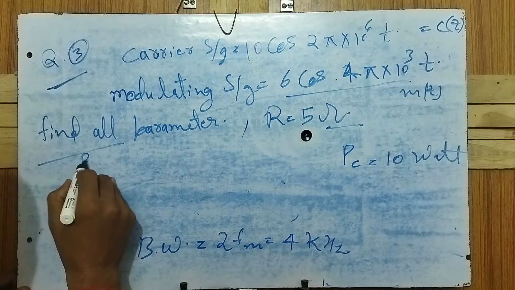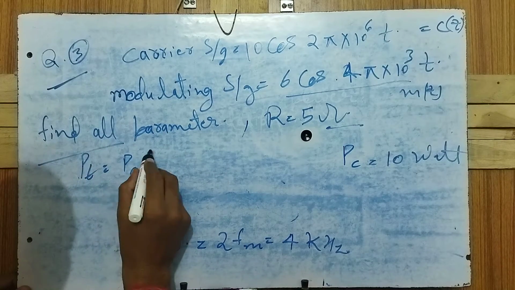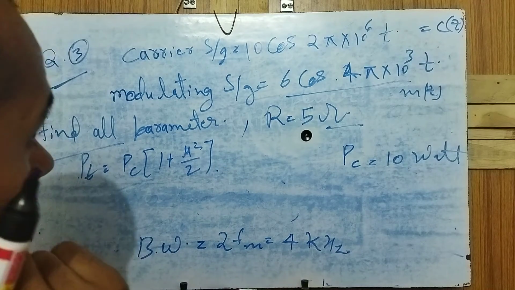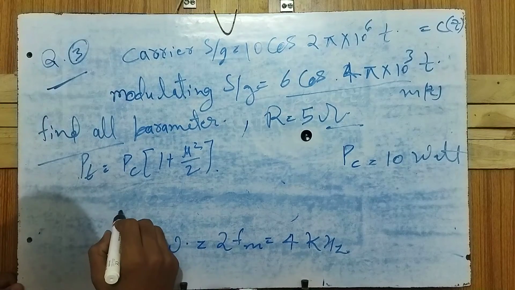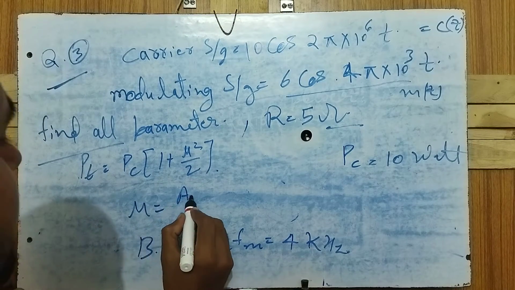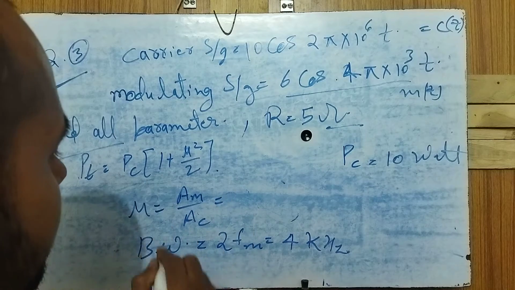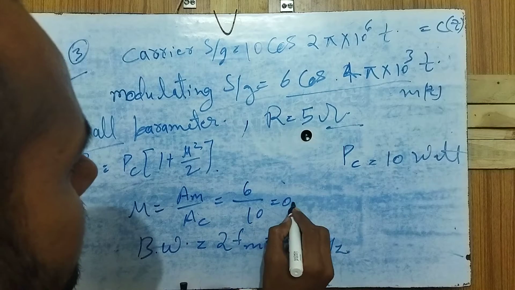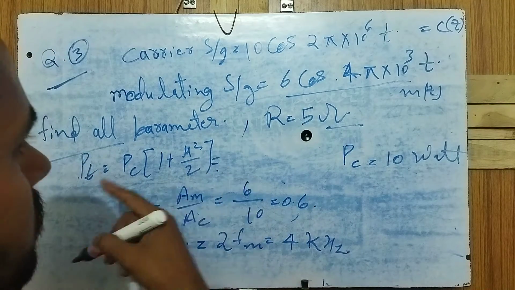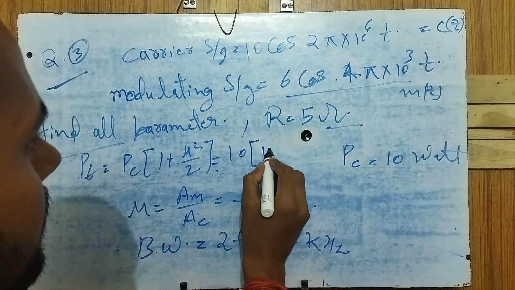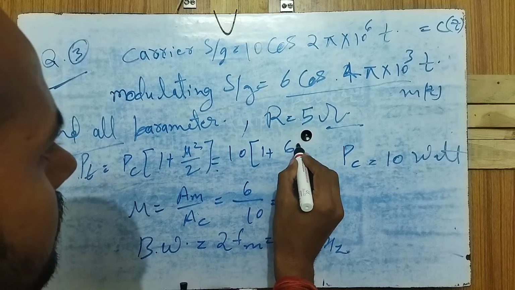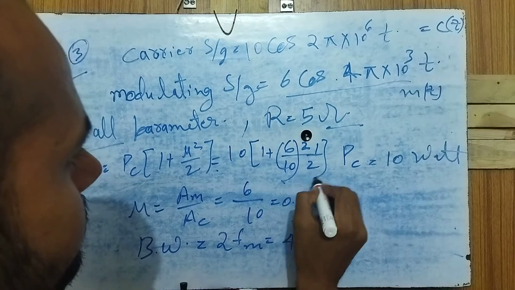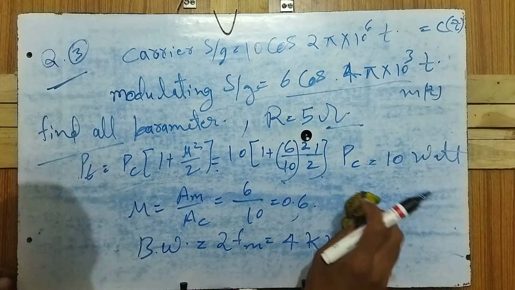So what will be the total power? Total power will be PC into 1 plus mu square by 2. So what will be the mu? Mu is Am by Ac. If nothing else is given, then we can use this relation, 6 by 10, that is 0.6. So PT is equal to 10 into 1 plus (6 by 10) square into 1 by 2. Solve it.